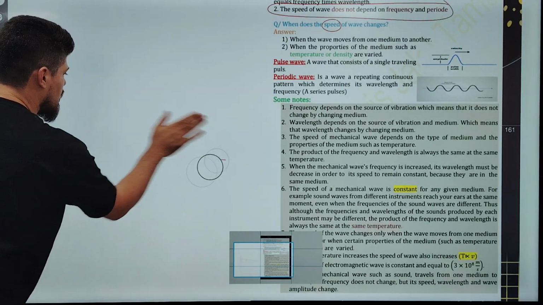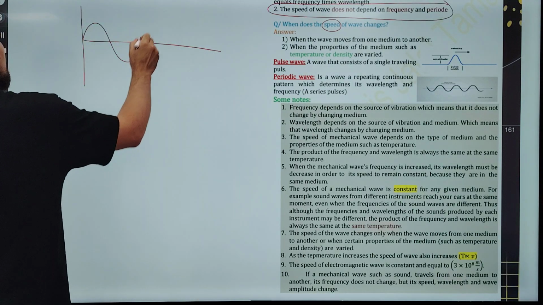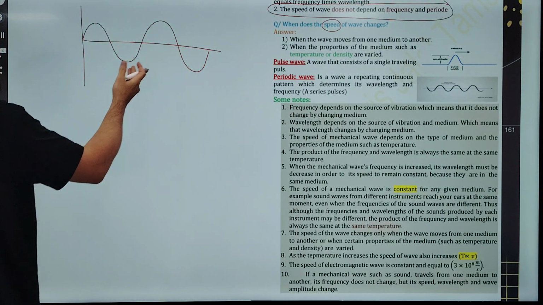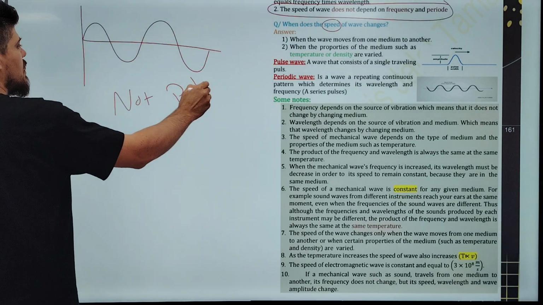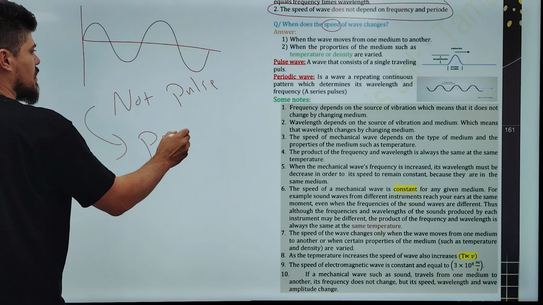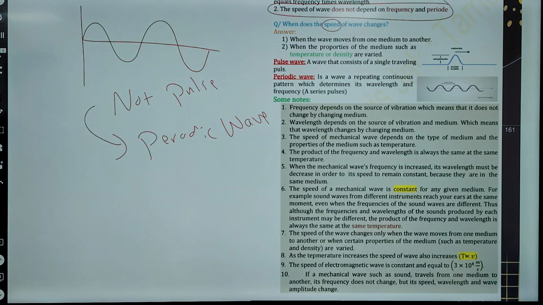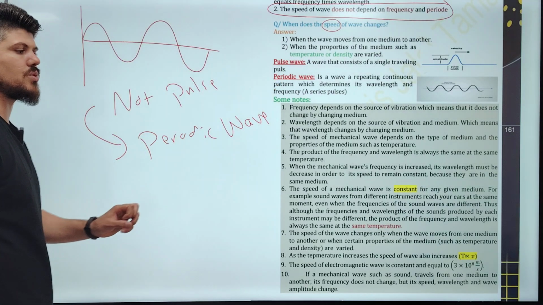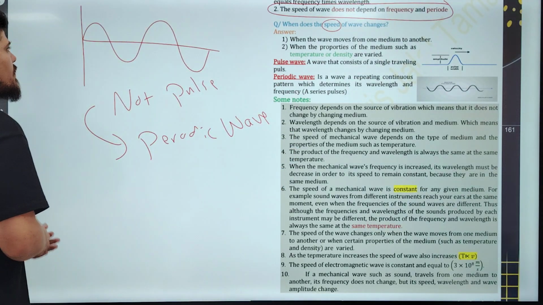But if you see several crests and troughs, as you can see in this figure, can we say this is a pulse? This is not a pulse. Be careful. This is a periodic wave. So we can say the periodic wave consists of several crests and troughs, or several compressions and rarefactions.